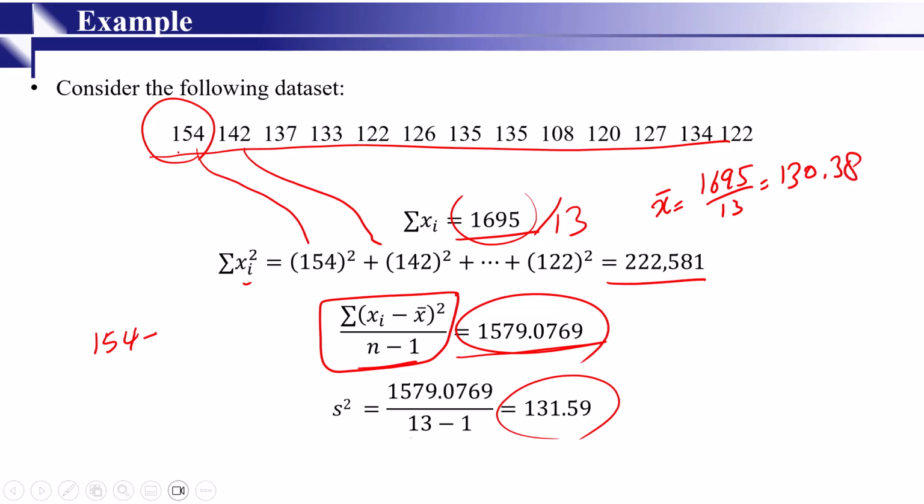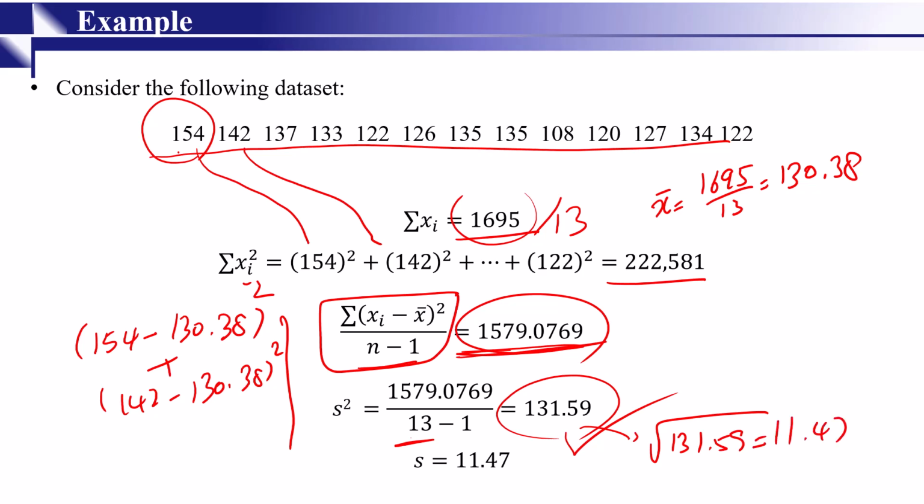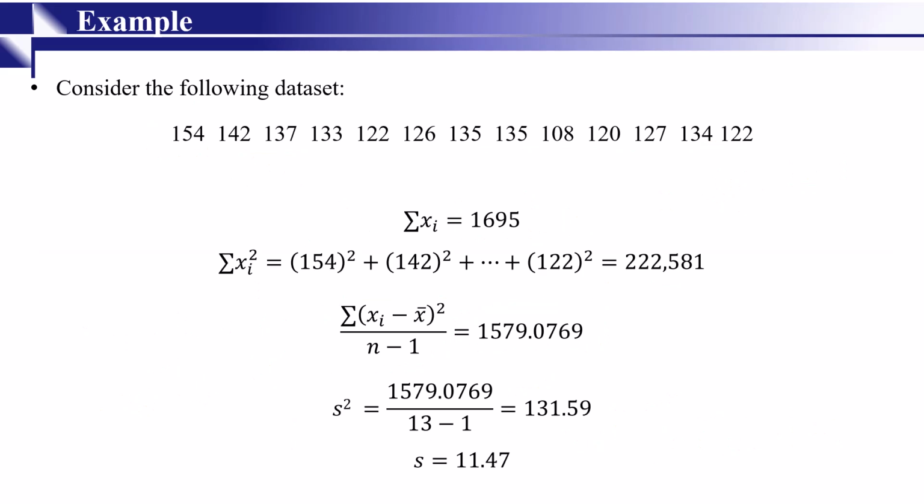Then this one minus 130.38 squared, plus the second one, 142 minus 130.38 squared. Then we will sum them all together and come to this number. Then this number is divided by n minus 1. n is 13, minus 1 is 12. Then we will get this one as the variance. And the square root of 131.59 is equal to 11.47. This is the standard deviation.